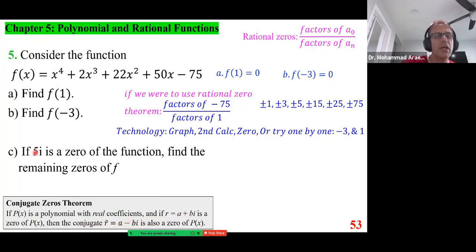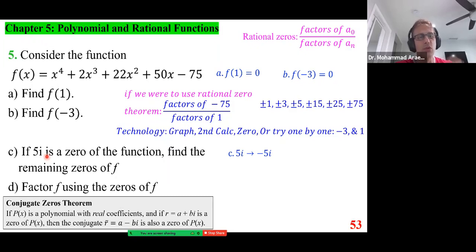So because it's 5i purely imaginary, also negative 5i is a solution. Therefore, we can write it as follows. If we were to factor them, we know we have x minus 1, we have x plus 3, and now this x minus 5i, x plus 5i.